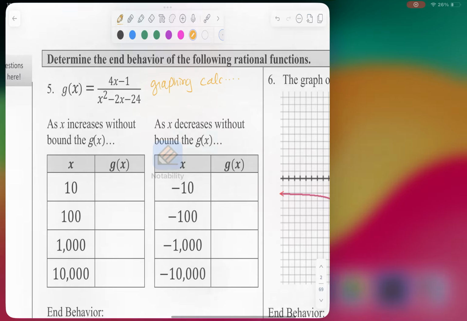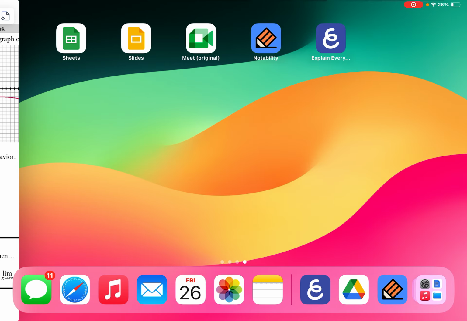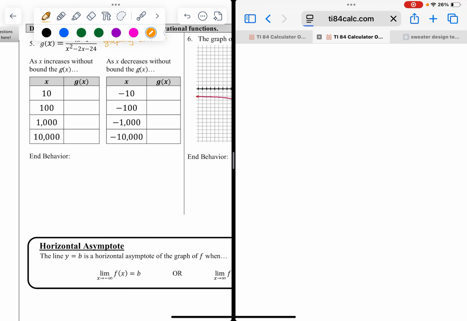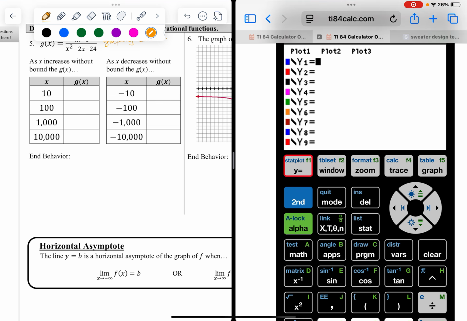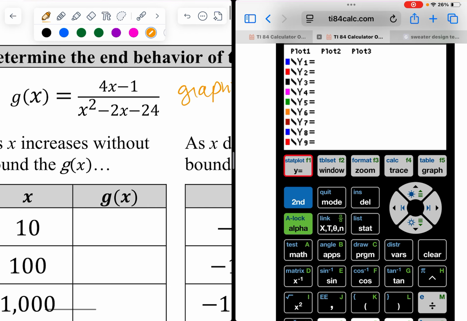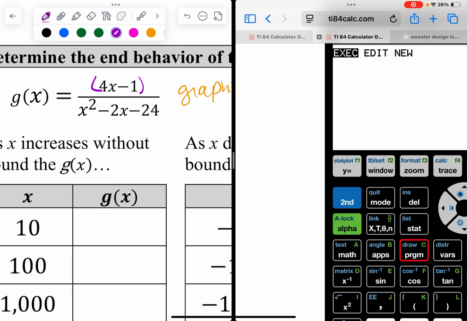Here we go. Here's our graphing calculator. All right, so we're going to go to our y equals, and we're going to type in what our function looks like. So remember, the numerator is going to be separate, so you're going to put parentheses around the numerator. I have to zoom back in, sorry.